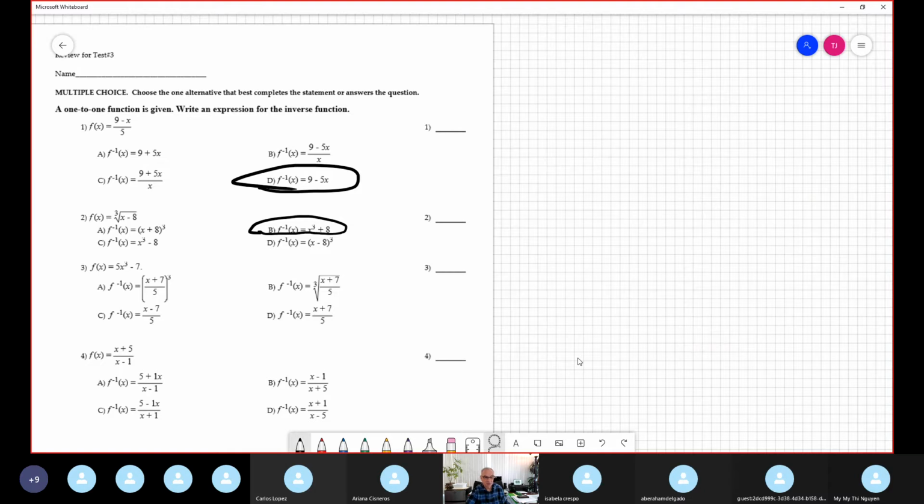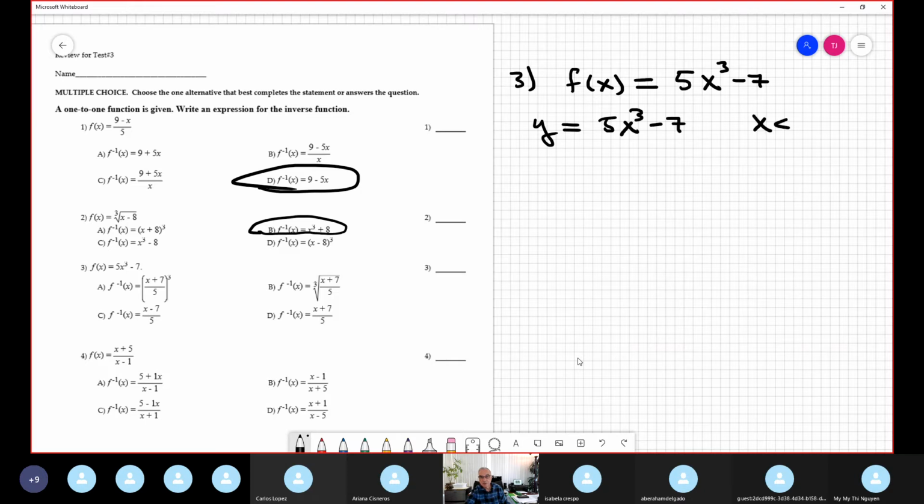Suppose number 3 is f of x is equal to 5x cubed minus 7. f of x, immediately I replace it with y. Interchange x and y. So x is equal to 5y cubed minus 7.